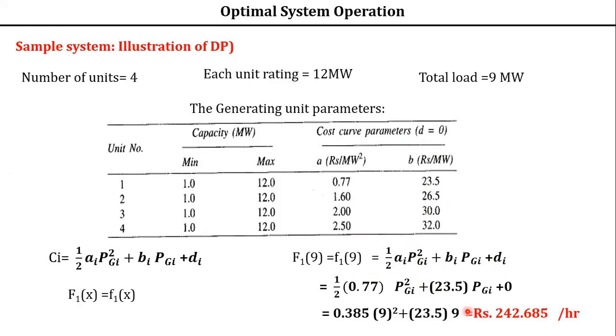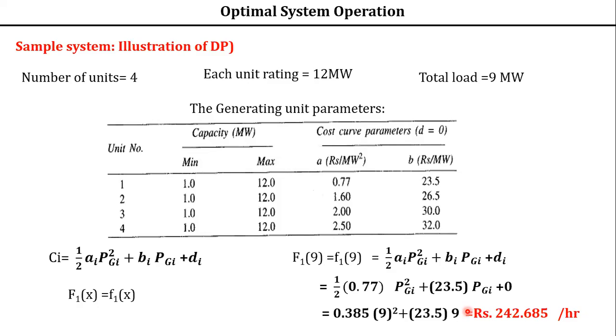This is the cost when you are operating a single unit, that is unit 1, alone. Clear? Till this point I have explained it. I have repeated it for the benefit of the students who did not attend yesterday because of some placement activity.